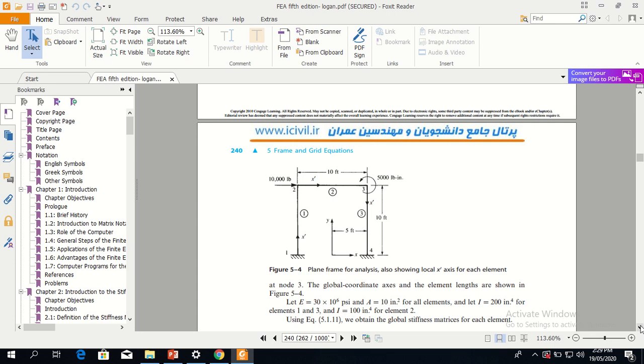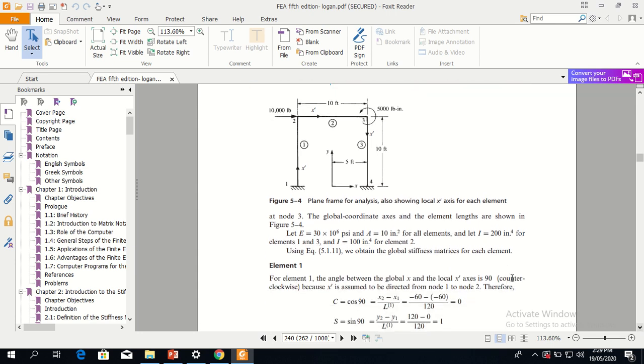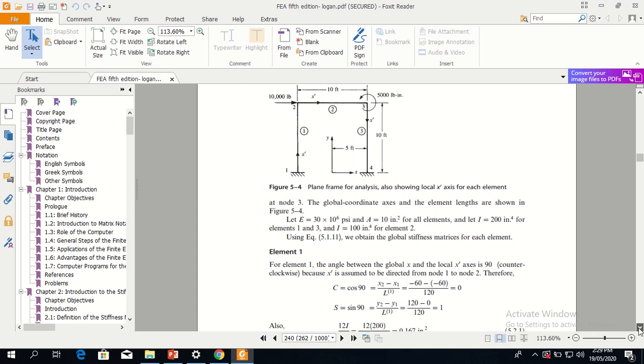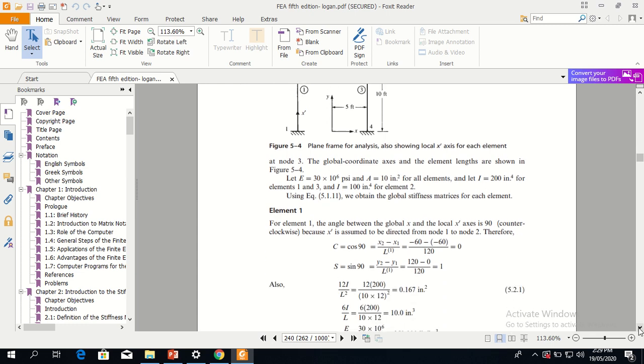So we start our solution. Young's modulus is given, area is given, and the moment of inertia for elements 1 and 3 is 200 and for element 2 is 100. C is cos theta and S is sin theta.